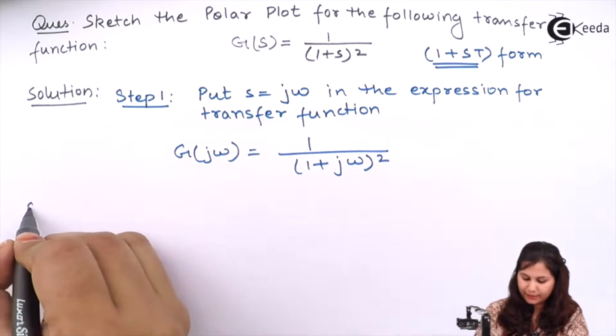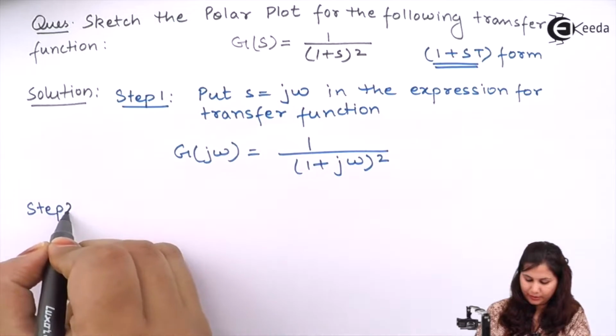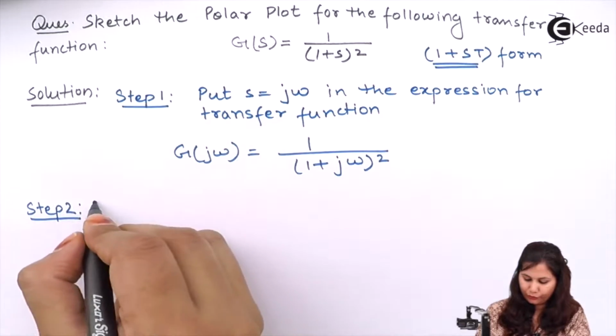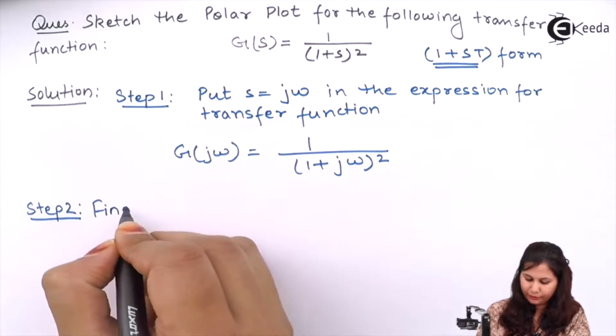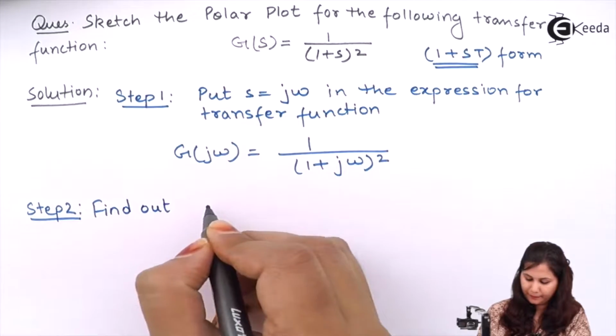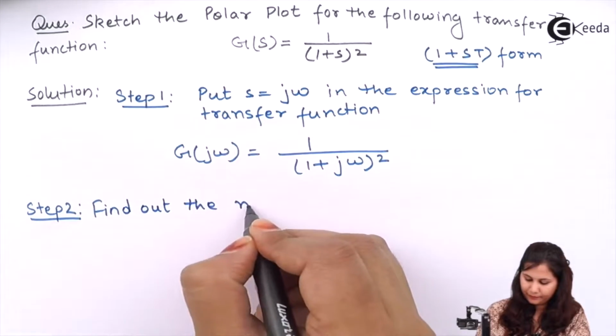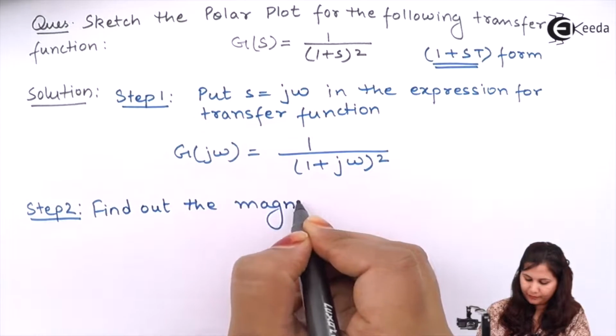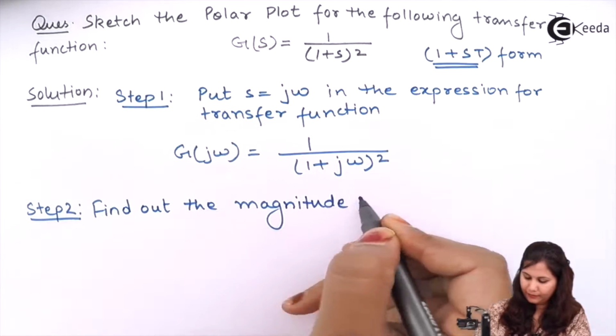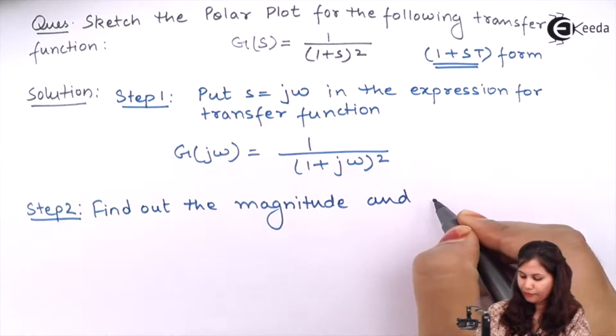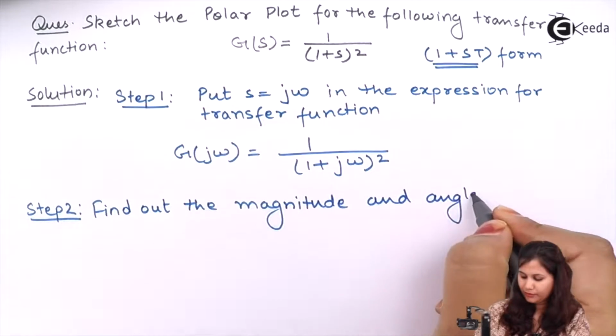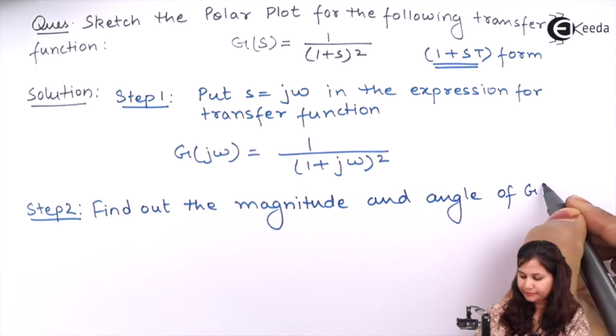Now the second step is to find out the magnitude and angle of G(j omega).